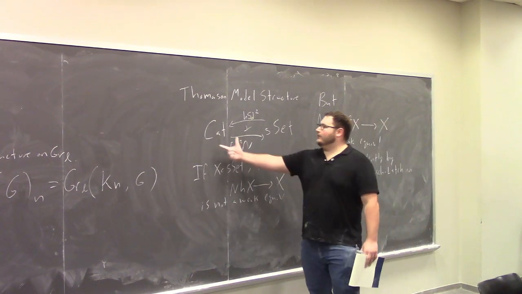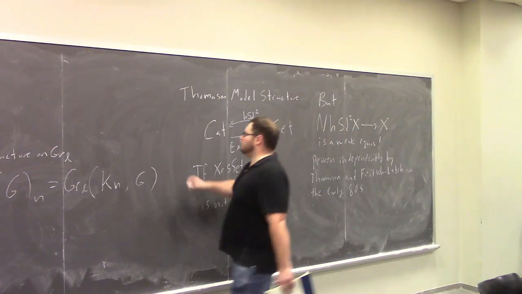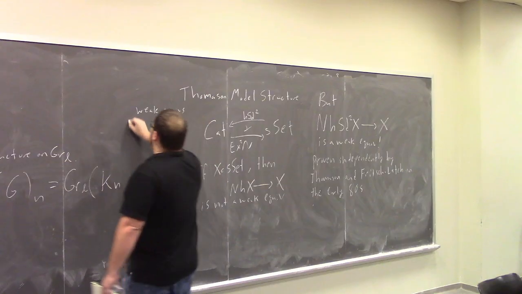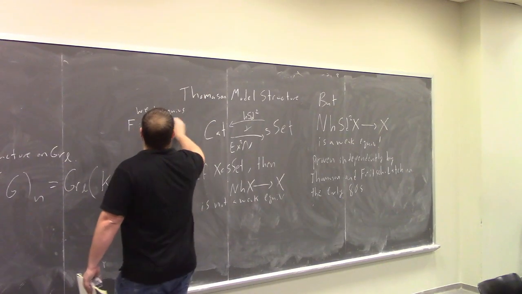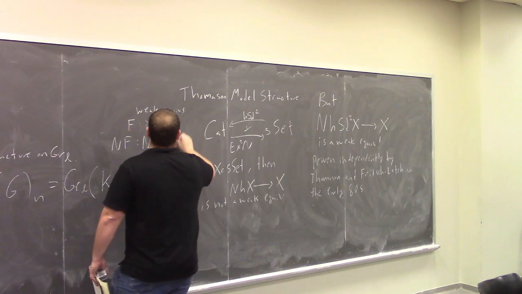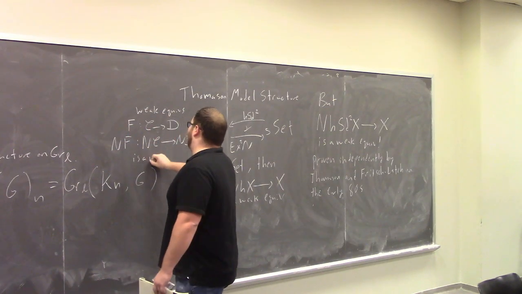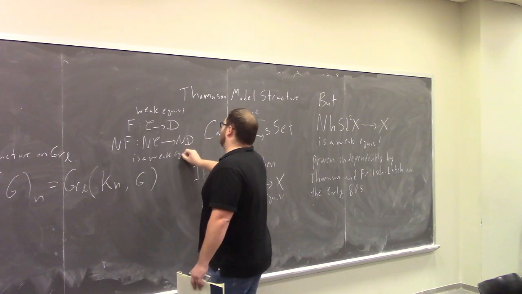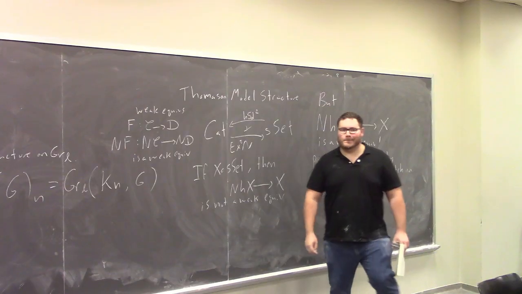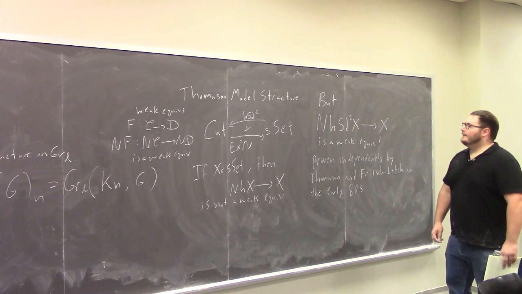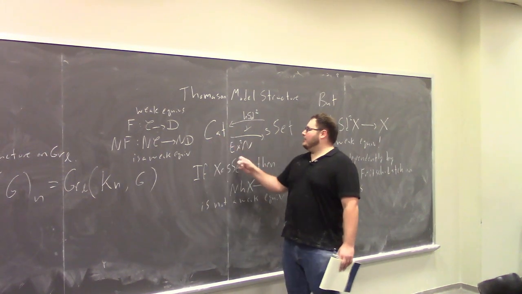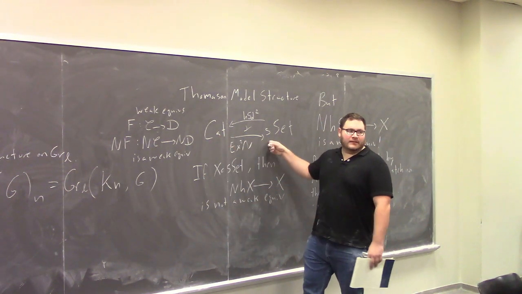So what are the weak equivalences here? These are functors such that this is a weak equivalence of simplicial sets. And what are the fibrations? They're the things that when I apply this functor, I get a fibration.